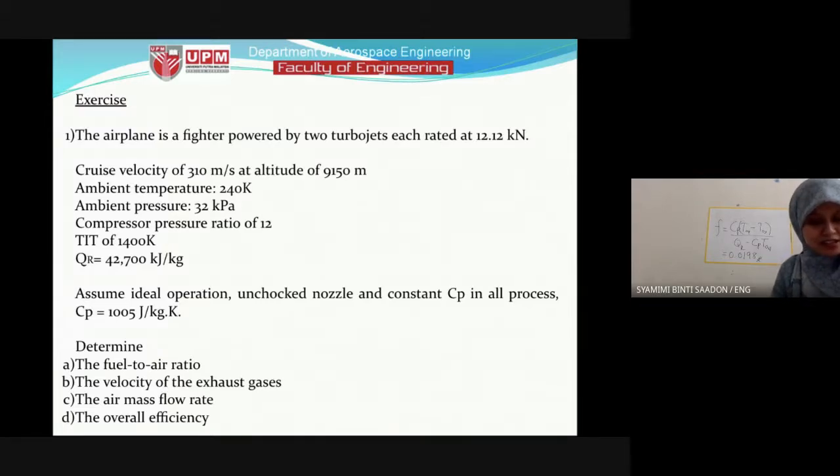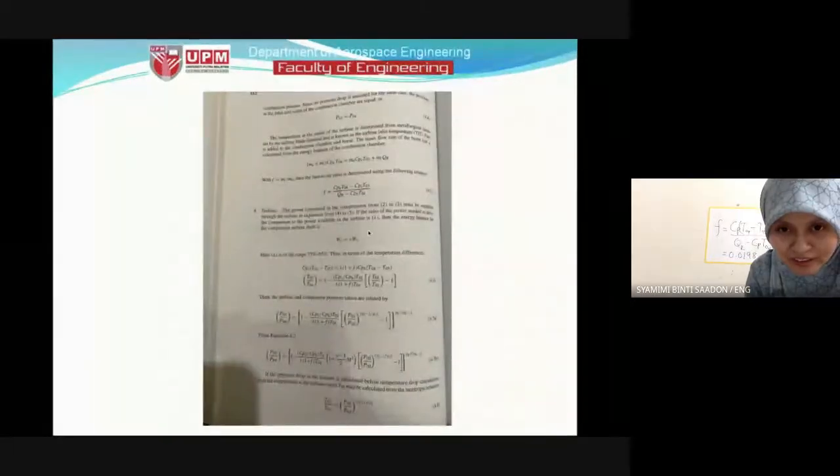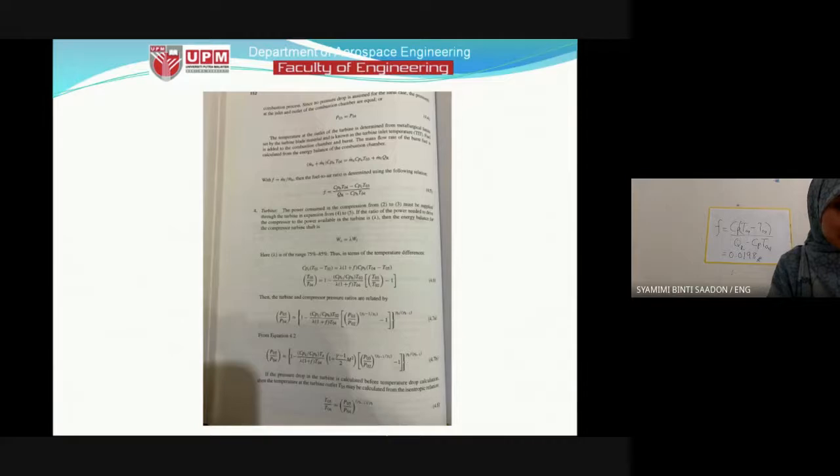Next, velocity of the exhaust gas means the V7, so we have to continue. Calculate T total 5, the exit temperature of the turbine.